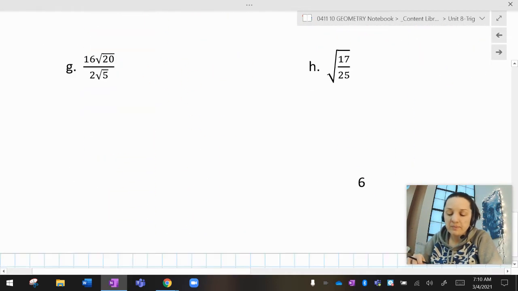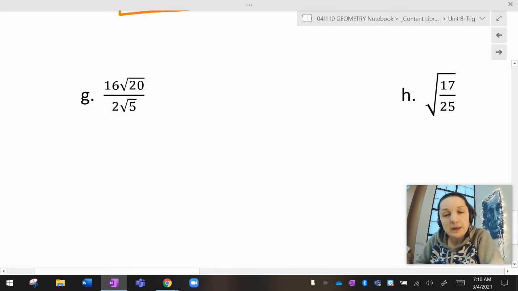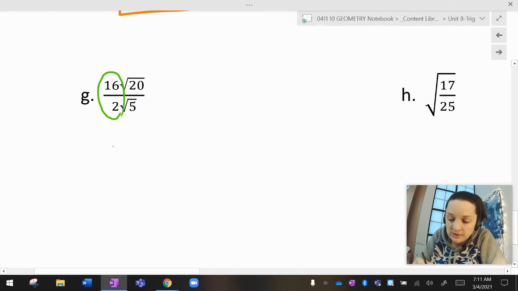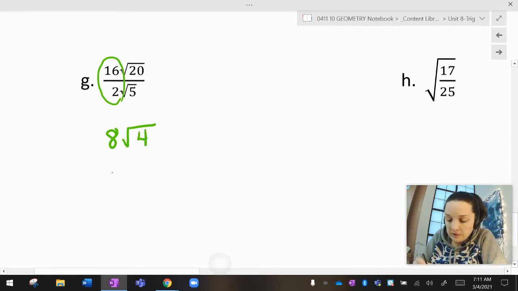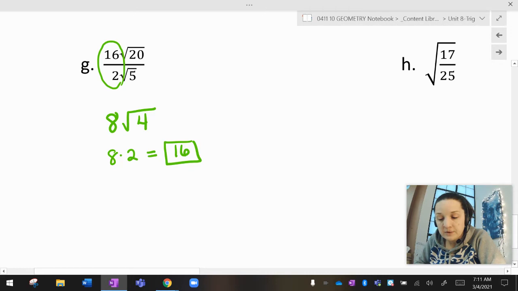Same thing for dividing. If I have 16 root 20, and 2 root 5, I can divide the coefficients. 16 divided by 2 is 8. And then divide the radicands. 20 divided by 5 is 4. And the square root of 4 is just 2. So this ends up just being 16.